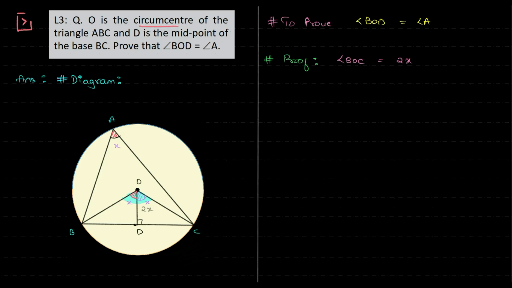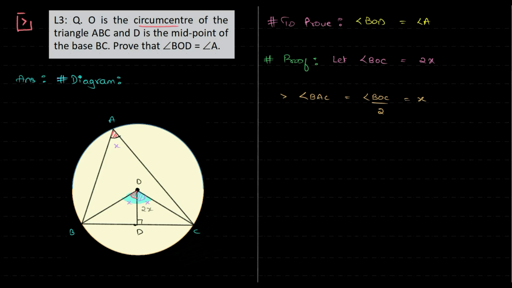Let angle BOC be equal to 2x. Okay. And next thing? Then we have angle BAC will be equal to angle BOC by 2. So that will be equal to x.